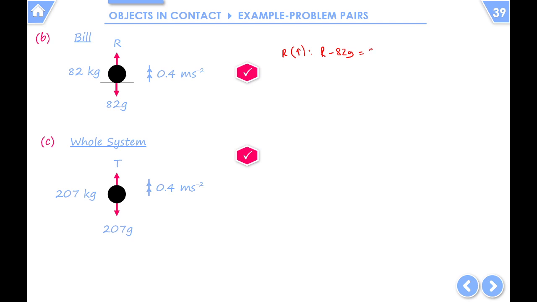So that's going to be 82 times 0.4. Okay, so we could rearrange this in our head. We're going to do 82 times 0.4, and then if we move that to the other side, we'll be doing plus 82G. If you put that into your calculator, you get 840 newtons to 2 sig fig. So what I neglected to say there was G I'm using as 9.8 in these questions, so I've given my answer to 2 significant figures.